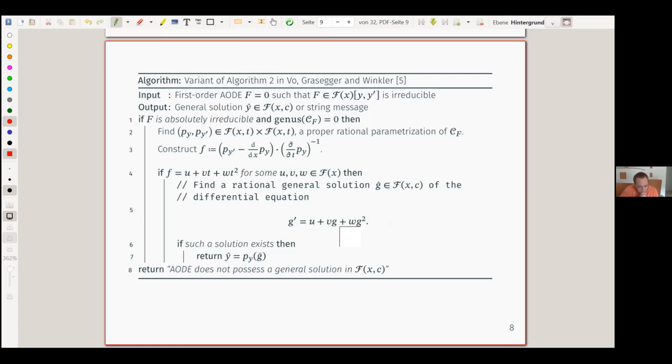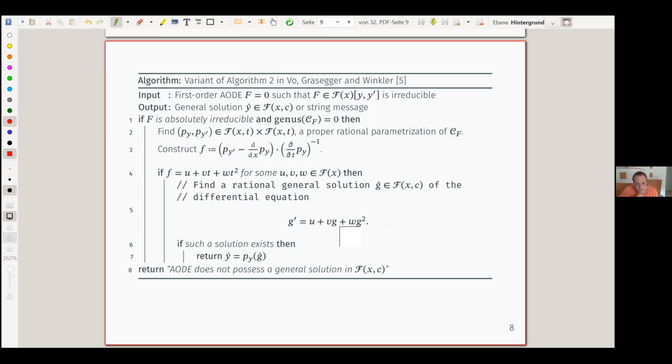The algorithm, in general, to find all rational solutions of such an equation, has been considered in Kovacic's paper, where he studied the linear second order differential equations. There's also an algorithm for this problem in there. And this has been adapted by other authors that will look only for rational general solutions.